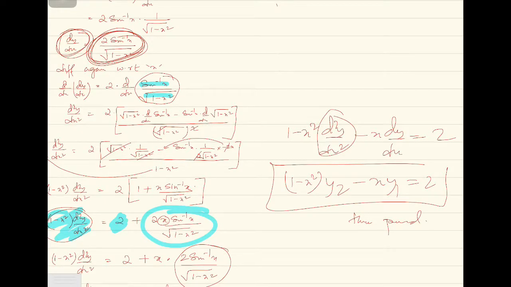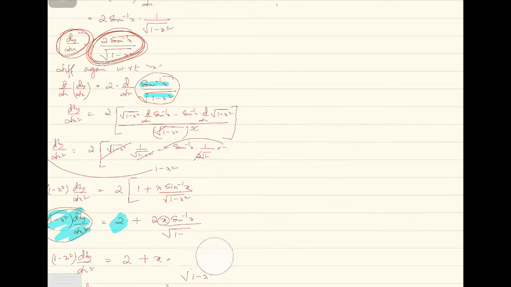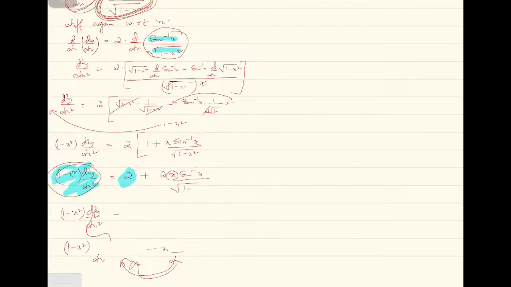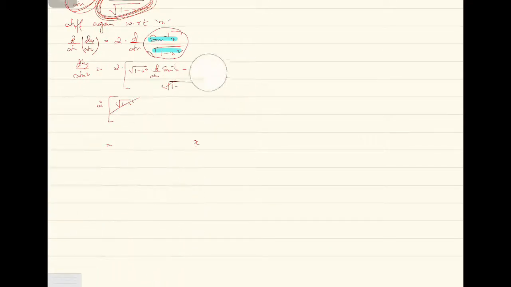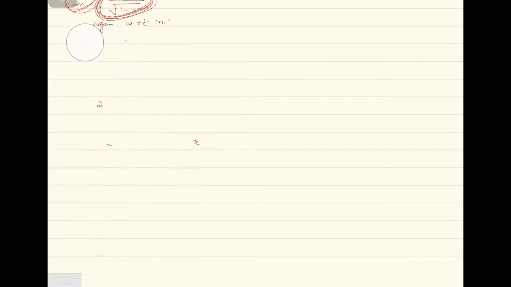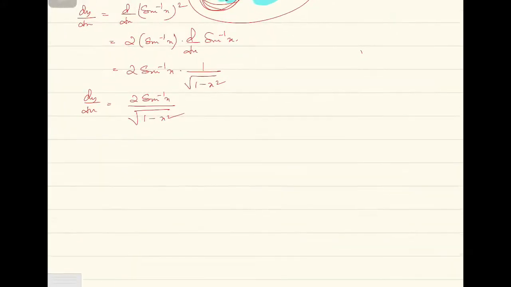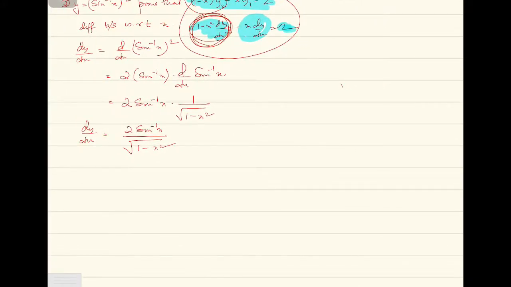Okay, so let me rub this and let me show you something different now. Now I will show you a little shortcut technique. Let me rub this. Now check this out. Once you have obtained dy by dx, from here you can use a shortcut technique.